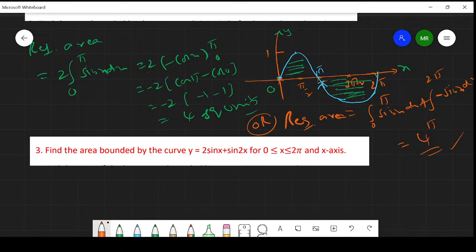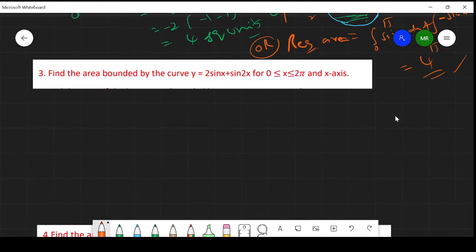Next, another one. Find the area bounded by the curve y is equal to 2 sin x plus sin 2x for 0 less than or equal to x less than or equal to 2 pi, and the x axis.